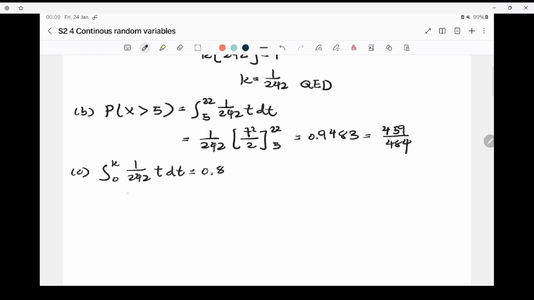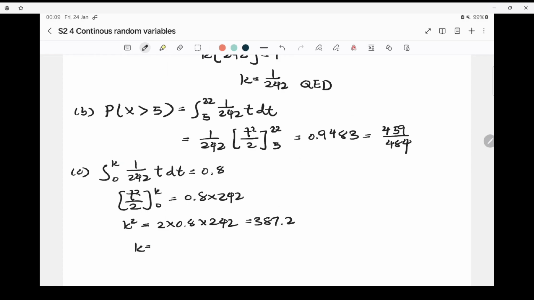So you have t squared over 2 from 0 to k, and this is 0.8 times 242. So you have k squared equals 2 times 0.8 times 242. So this is 387.2.